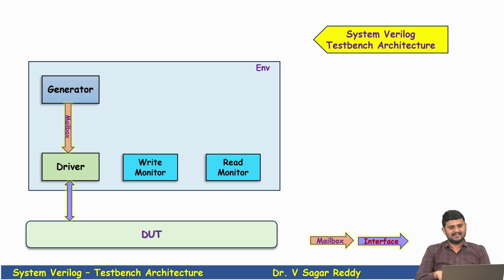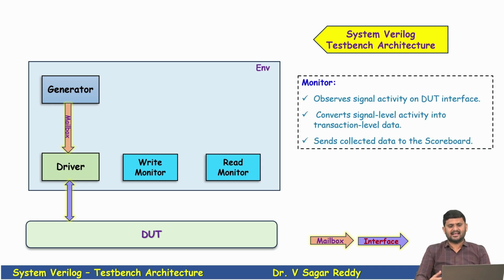Just like the driver translates transactions down into signals, the monitor translates signals back up to transactions. This makes the data meaningful and easy to process. Third, it sends the collected data to the scoreboard for checking.